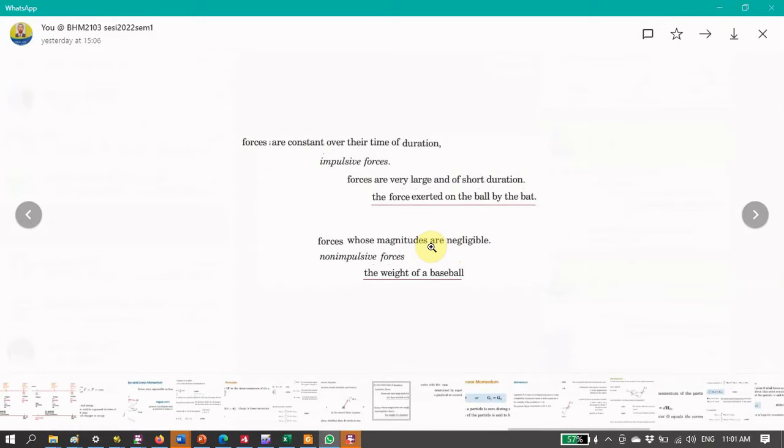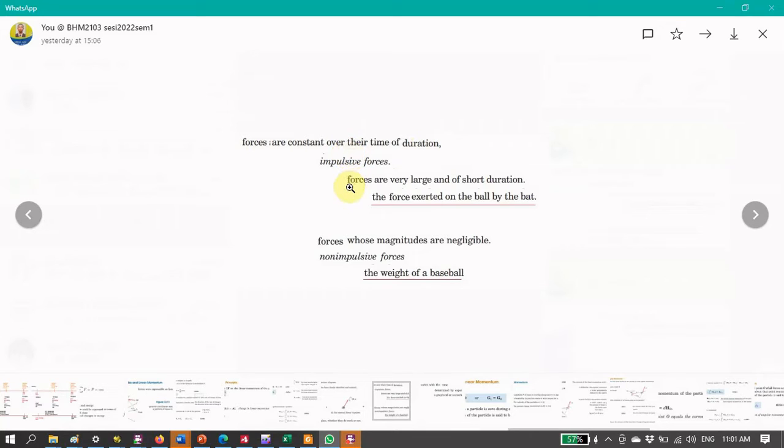From the text, we are considering two situations. First, forces that are constant, and the other, when the force is not constant and varies while it is applied to the particle.